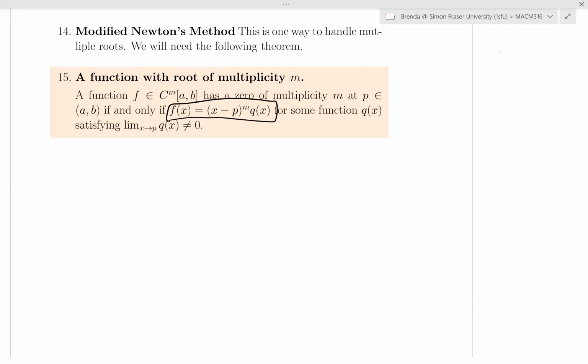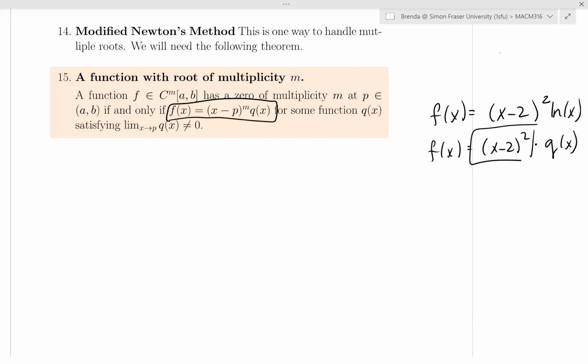I don't have an example of that written down here, so let me just give you an example. This function has a zero of multiplicity 2 at 2. What I'm saying is I can write this function f of x as x minus 2 squared times q of x.